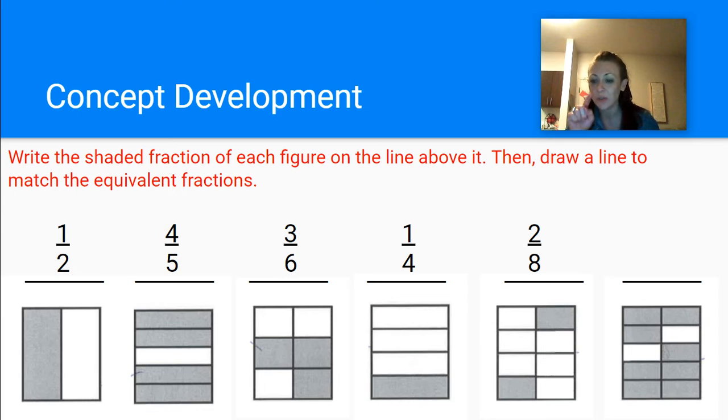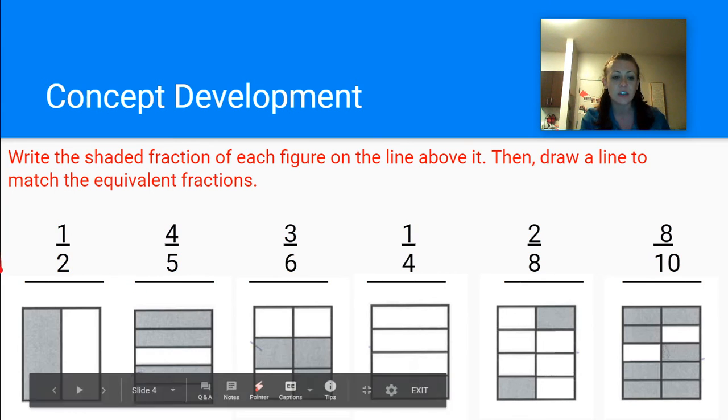So 1, 2, 3, 4, 5, 6, 7, 8 are shaded, making the 8 my numerator on top. And there are 10 equal pieces in all, making 10 my denominator down on the bottom. So 8/10.